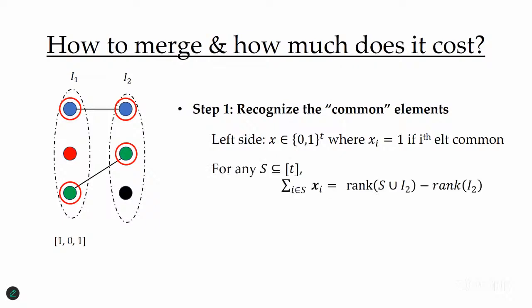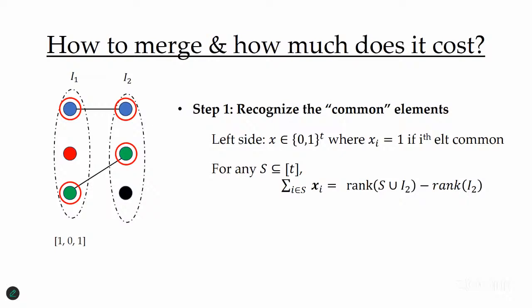Now, note if I take any subset of elements on the left, and I want to know how many of the colors are shared by elements on the right, that can be done with two rank queries, actually just one rank query. I figure out the rank of that subset and I2 joined together, and see how much it increases by.